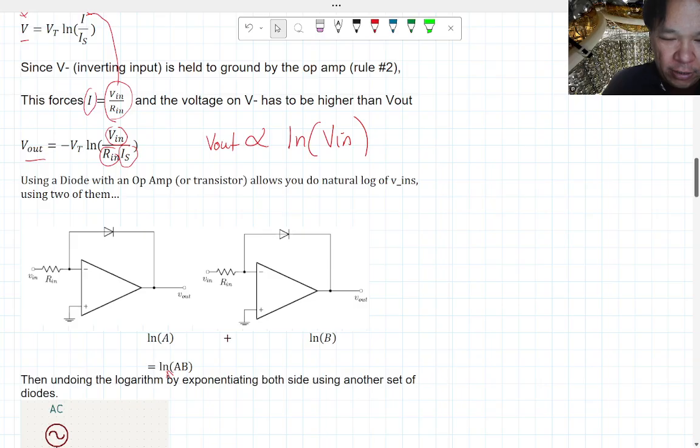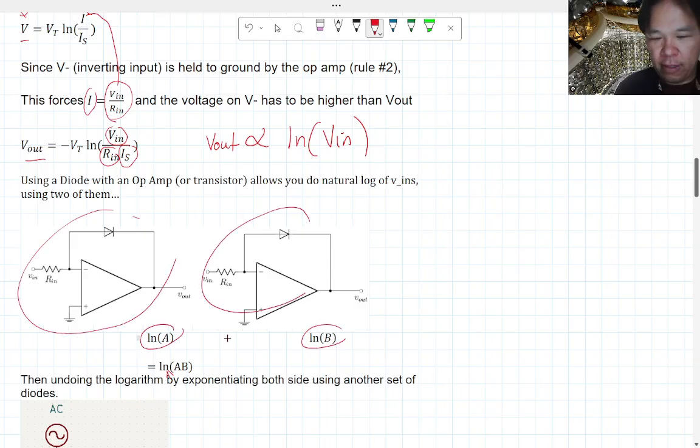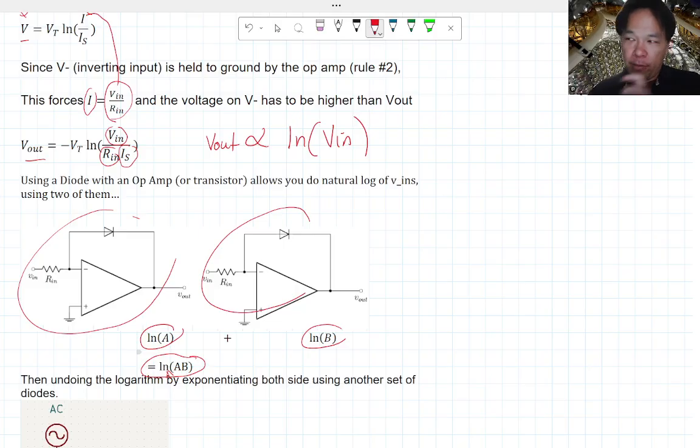So you have two of these circuits taking the natural log, and then you pipe that output into an adding circuit through an op amp, and the output of that is going to be the natural log of the product between A and B. Instead of A and B here, the A is going to be the signal, the B is going to be the carrier function.